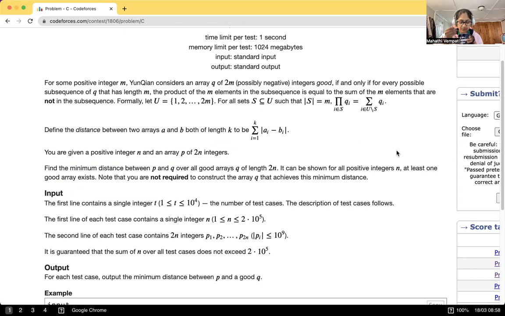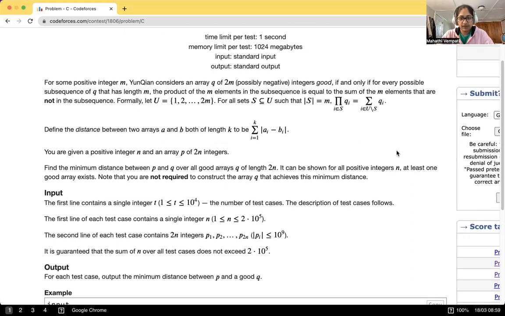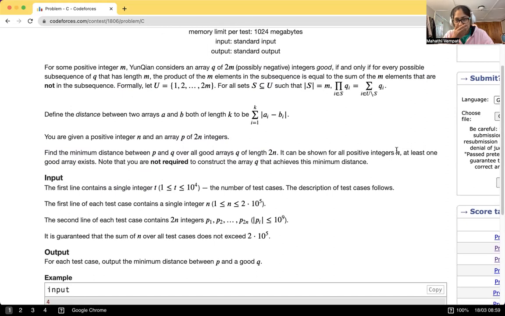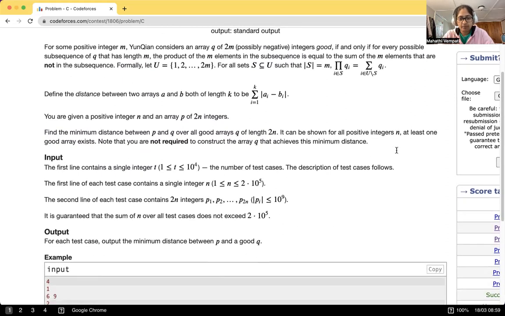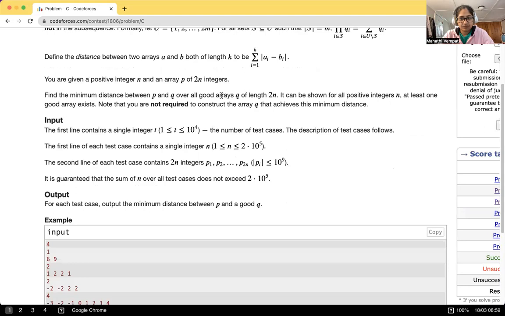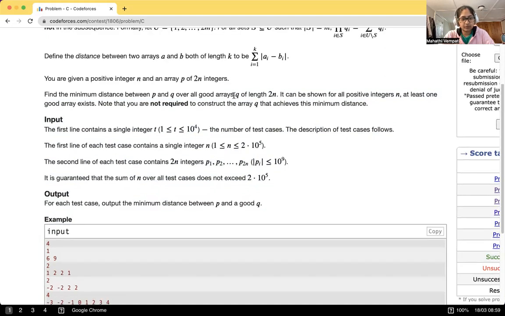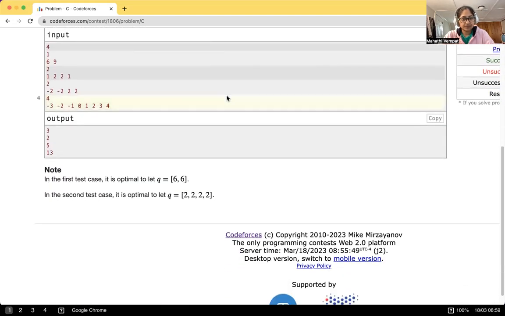I feel like you'll be able to eliminate this on a case basis, because for something to be good, since everything has to work out, you should be able to adversarially construct something. Sorry, that's not good. 10 to the 4 test cases, n is 10 to the 5, sum over n does not exceed. Okay.